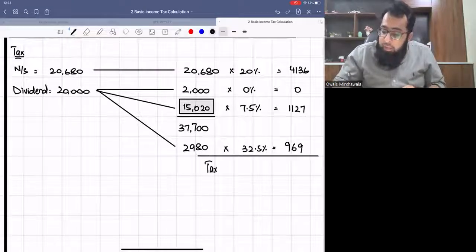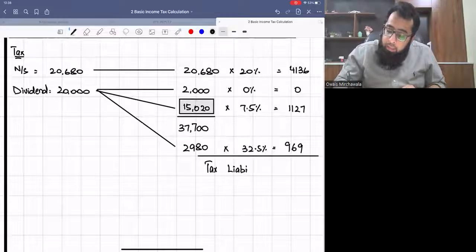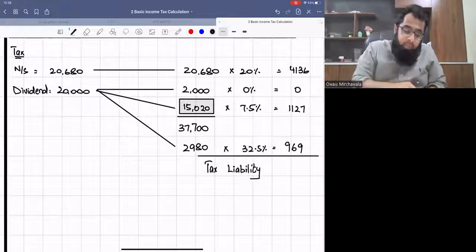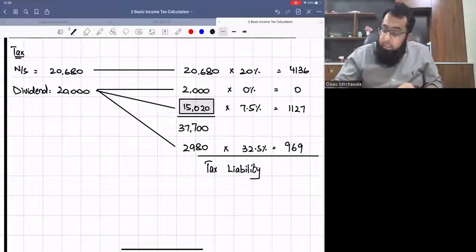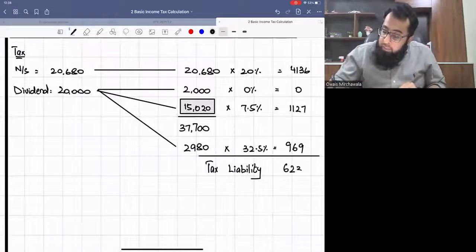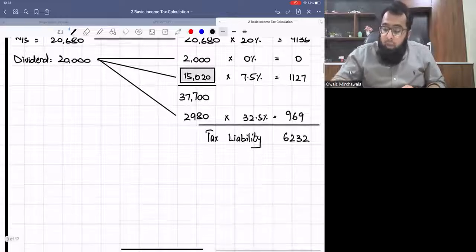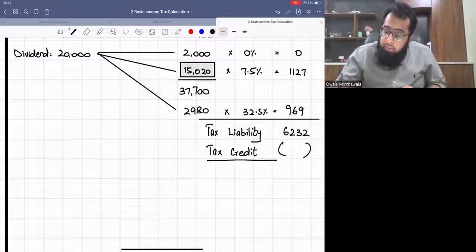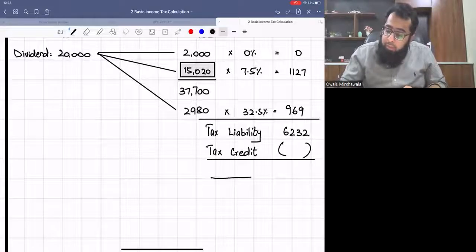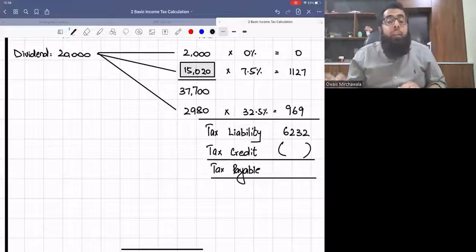Now, this all is clerical work. There is nothing difficult in it. Tax liability, 4136, 1127, 969. So this gives tax liability of 6232. We will deduct advance tax, the tax credit, from it, to arrive at the value of tax payable.